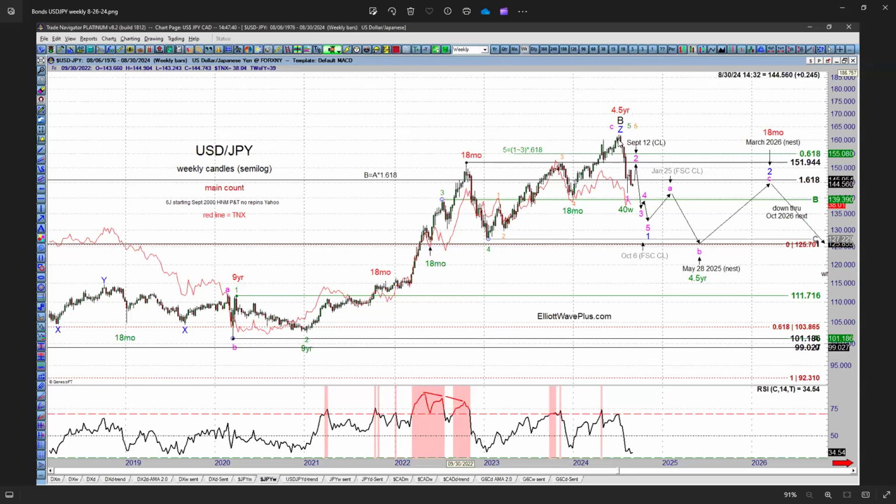And so we had this significant top, and notice that that was very likely a 4.5-year Hurst cycle peak that occurred very recently, and an explosive move to the downside. That means a weaker dollar and a stronger Japanese yen. So we're seeing the yen move to the upside recently.